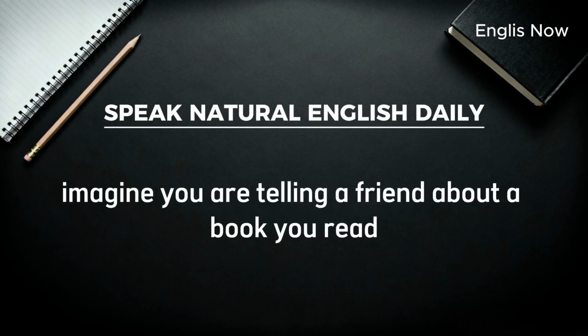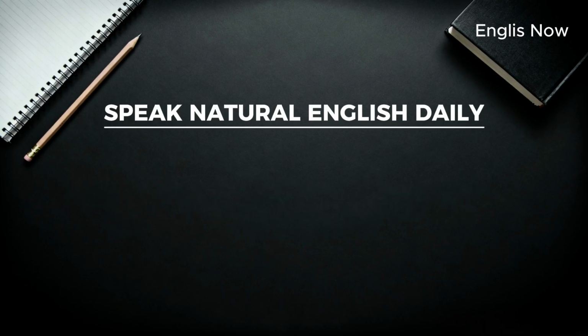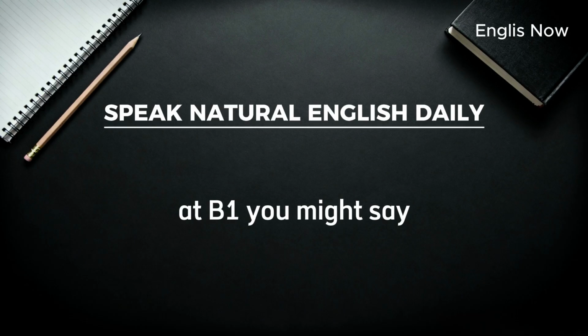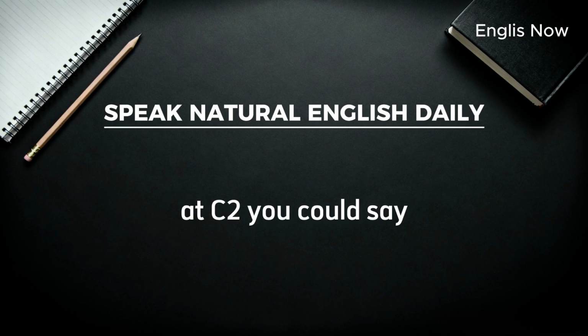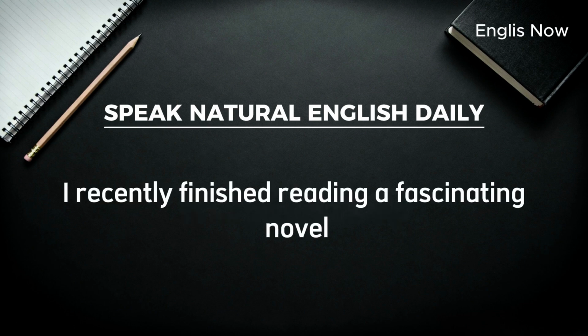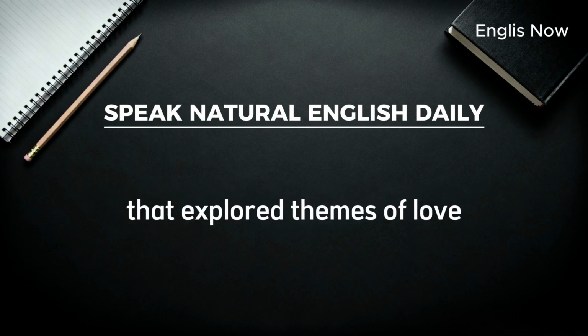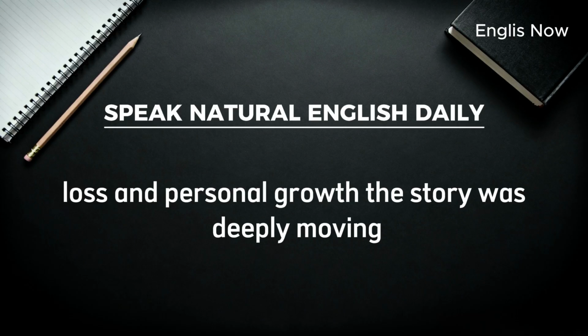Imagine you are telling a friend about a book you read. At B1, you might say, "I read a book. It was interesting." At C2, you could say, "I recently finished reading a fascinating novel that explored themes of love, loss, and personal growth.